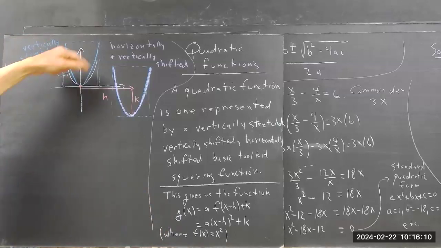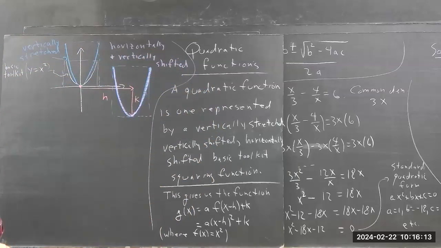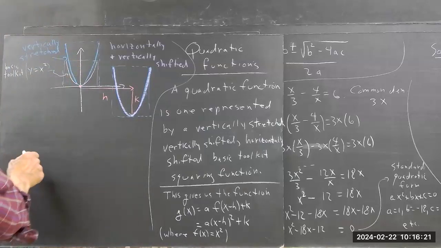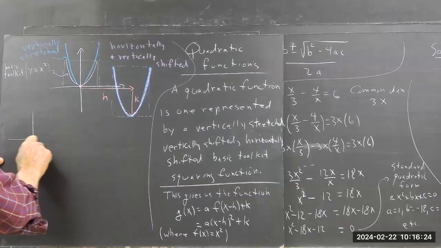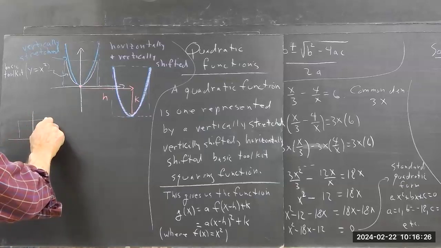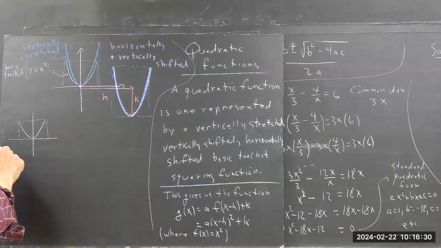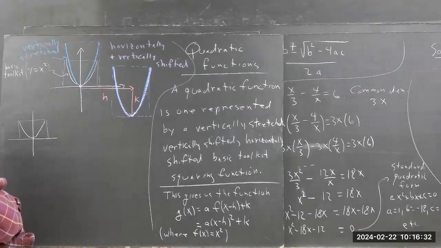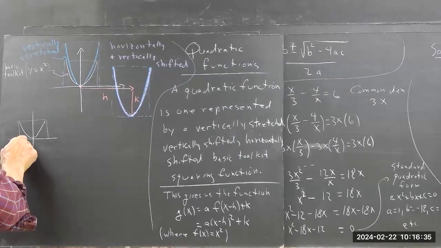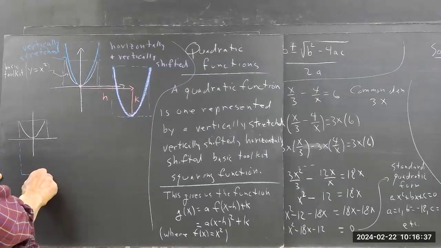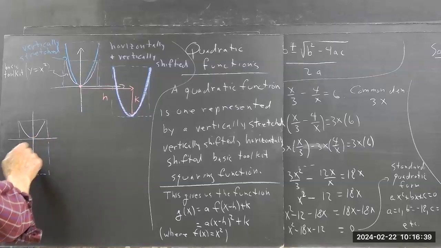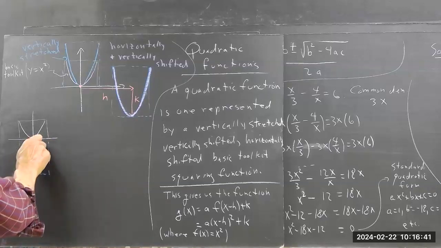And you can put this shape any place you want in the XY plane. And you can also flip it upside down. So I'll just say for negative a, if a was negative, you have this.